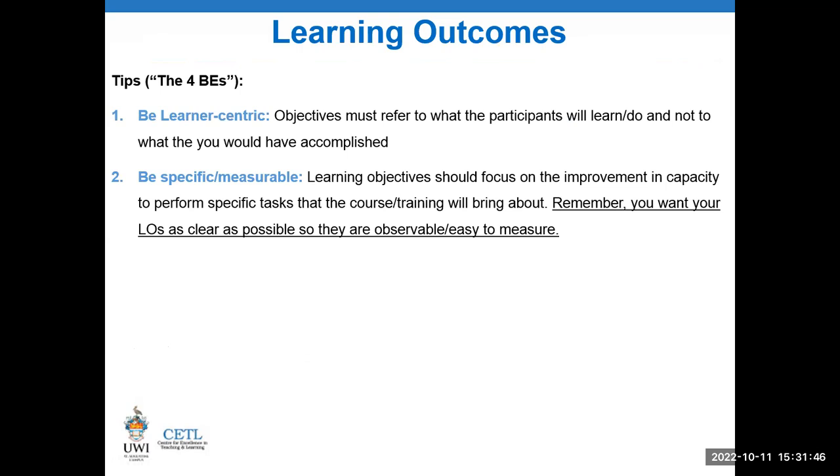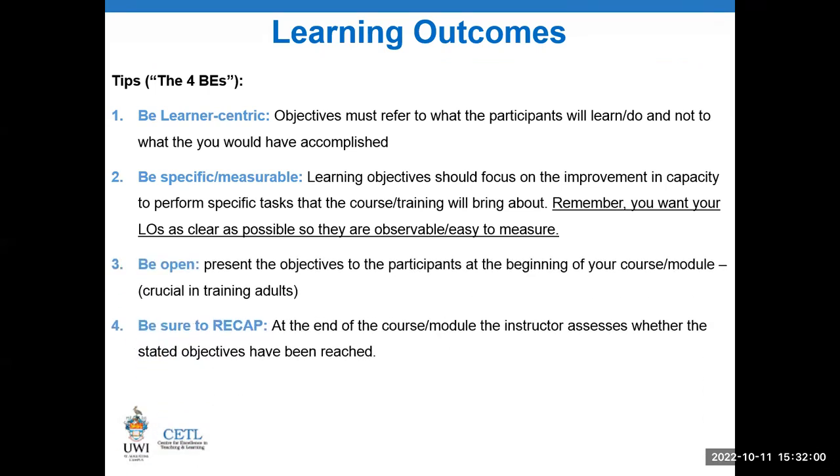So very quickly, tips, I call it the 4 Bs. Be learner centric. Meaning think of what the learners have to do or what they need to accomplish. Be specific. Make sure it's measurable. In other words, you have to be very clear and specific. Don't leave any room for assumption and that sort of thing.